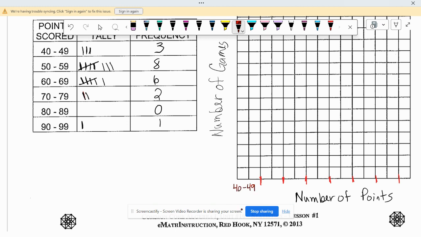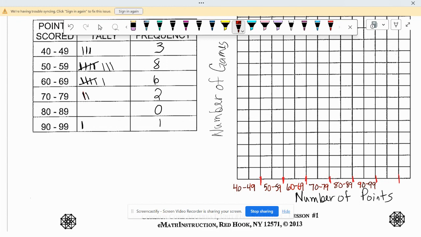The next range is between 50 and 59. The next range is 60 to 69, 70 to 79, 80 to 89, and 90 to 99.